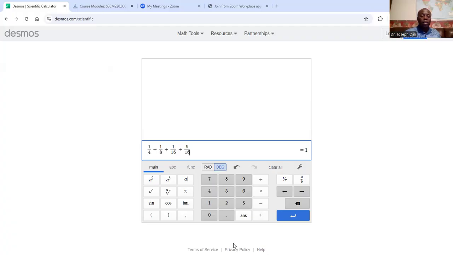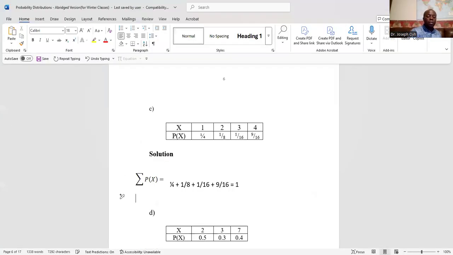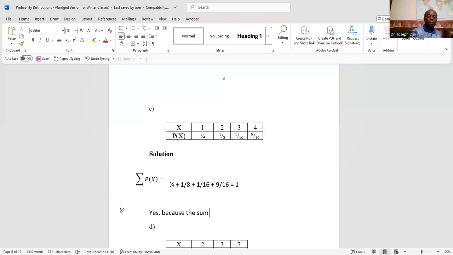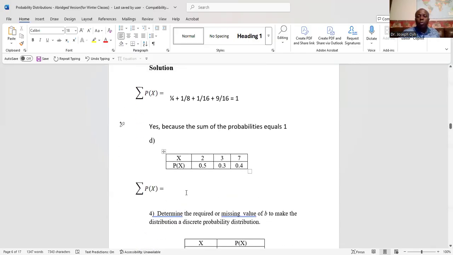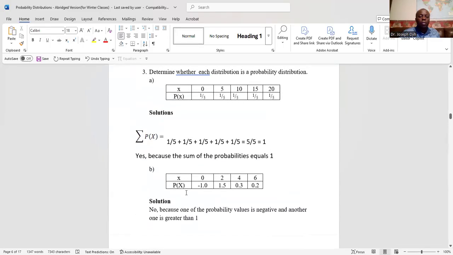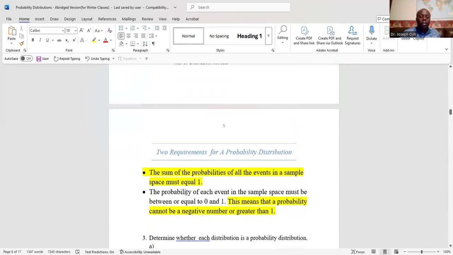So the answer is yes, because the sum of the probabilities equals 1. So you can try this one as a practice at home. Any question on this example? Okay, no question. Good. Excellent.